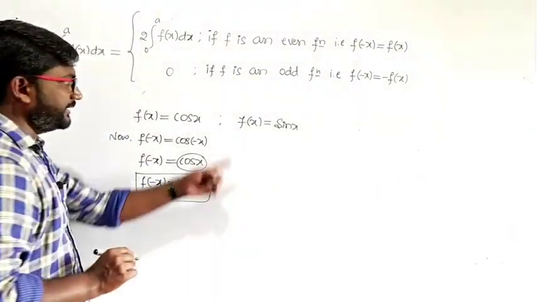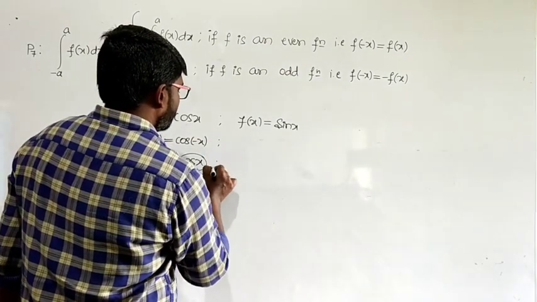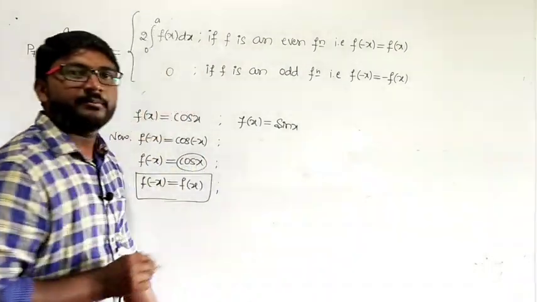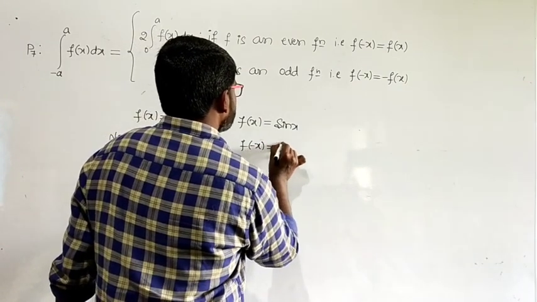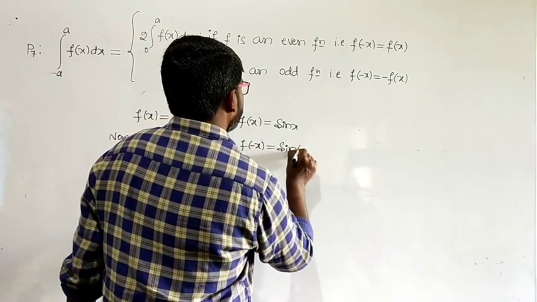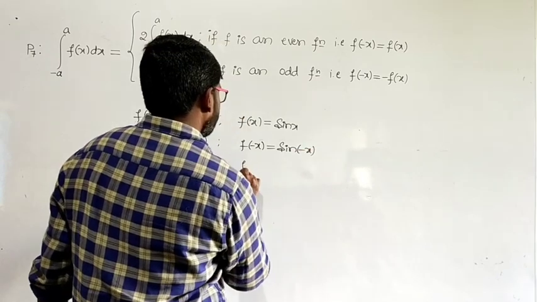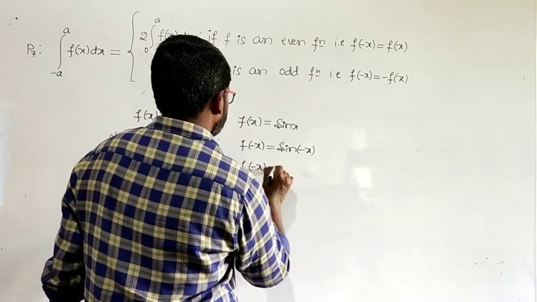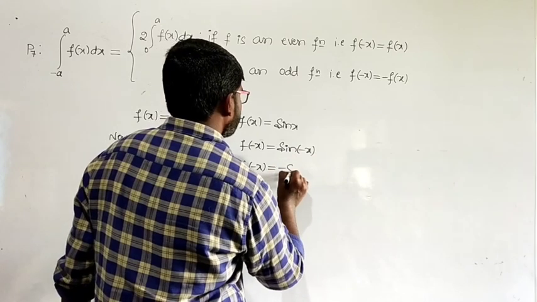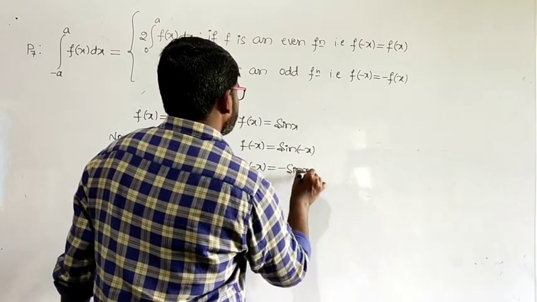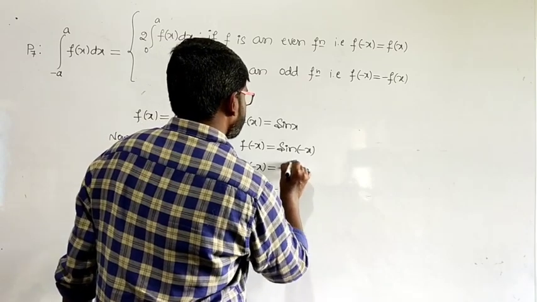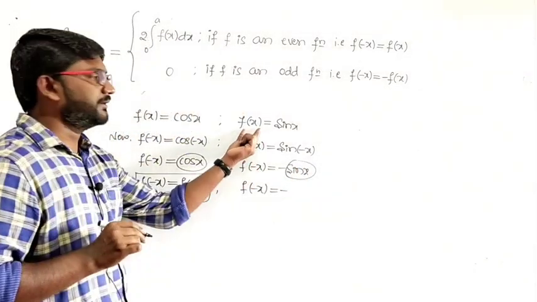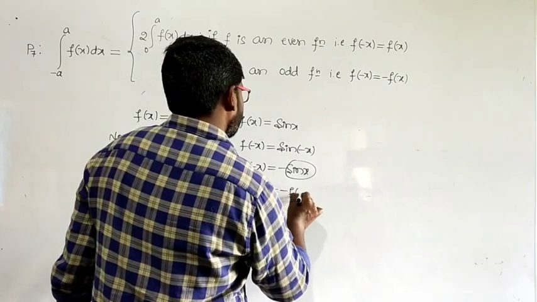Next, here we replace x by minus x. So f of minus x equals sin of minus x, which is minus sin x. Then f of minus x equals minus sin x, which can be written as minus f of x.